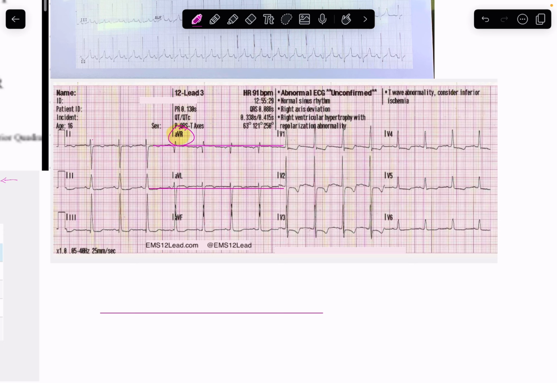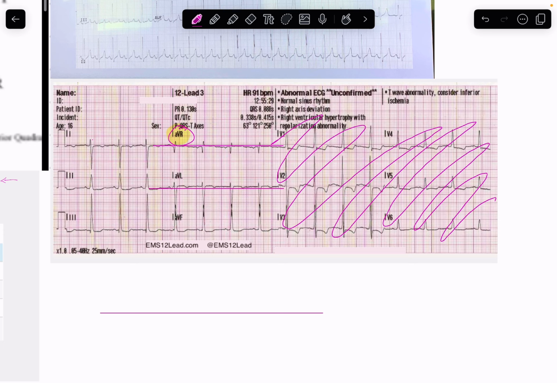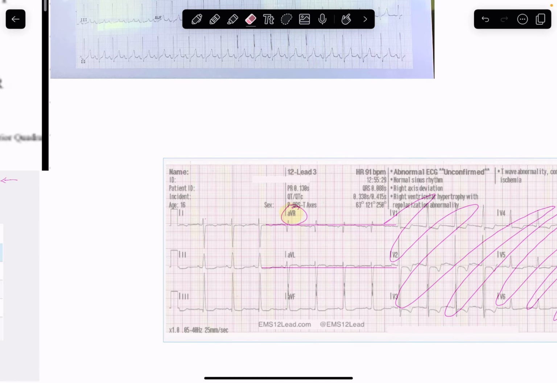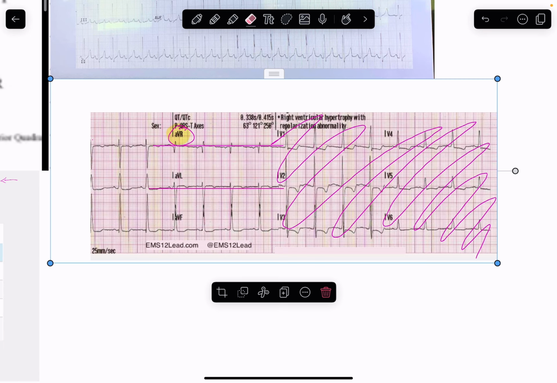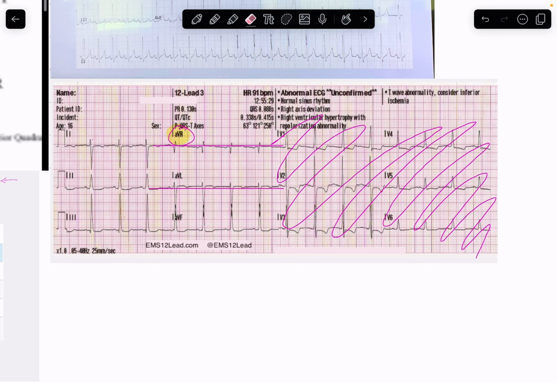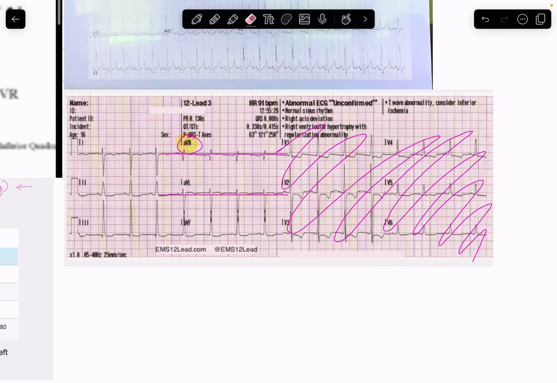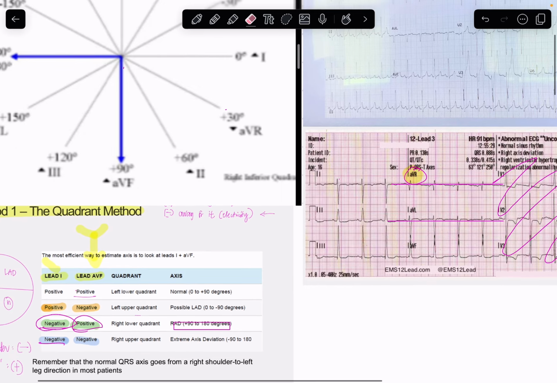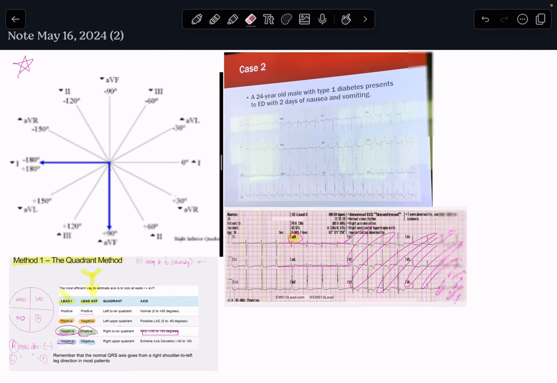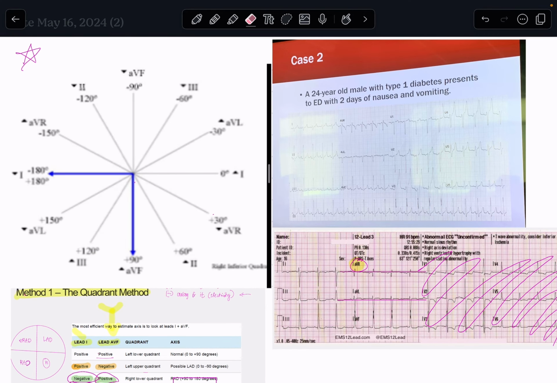Take note, we don't use the precordial leads, because we're just using the limb leads for the purpose of knowing the axis deviation. So for us, the isoelectric line is AVR. AVR is right here. So that's our isoelectric line. Let's mark it.